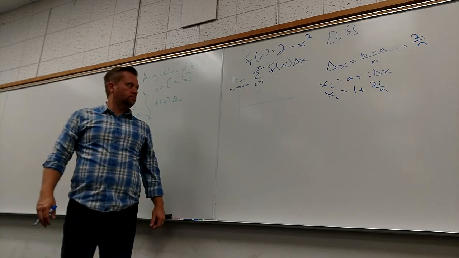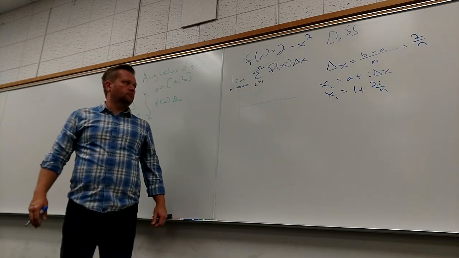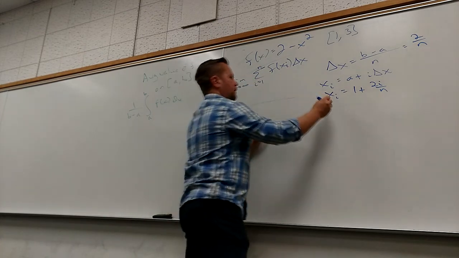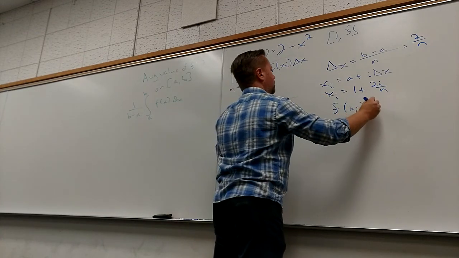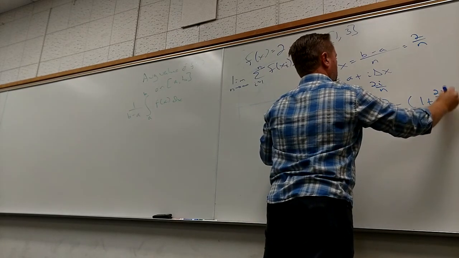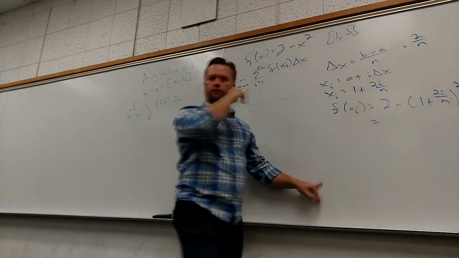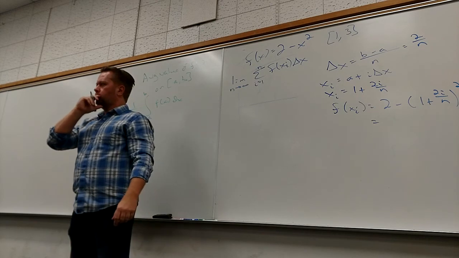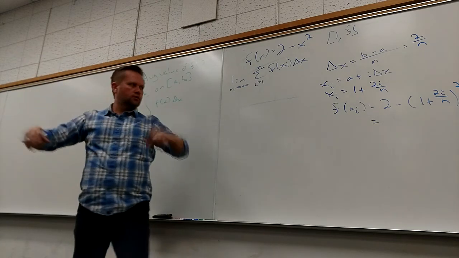Okay. And then what's f of xi? It's going to be 2 minus this stuff squared. So then we just do this real quick on the side so I don't have too much going on.